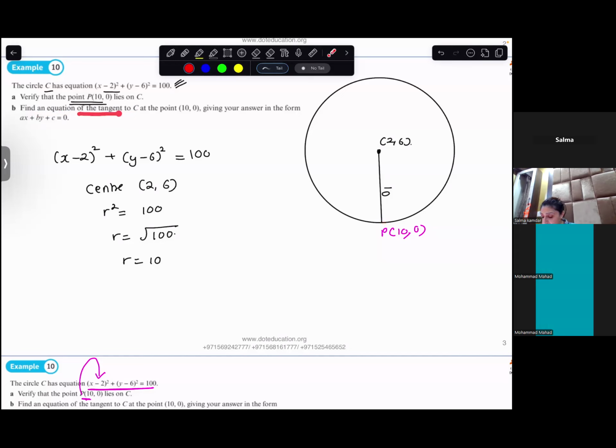I want to find the equation of the tangent to C. It means the line which touches the circle C at (10, 0). So I want to find the equation of this line. It's touching the circle at P, so I want to find the equation of the tangent.